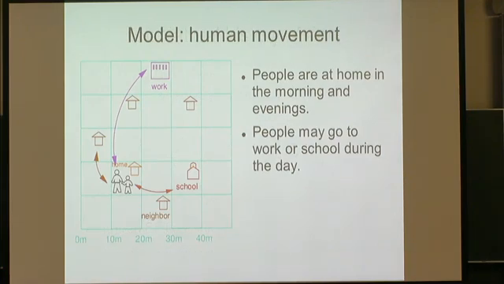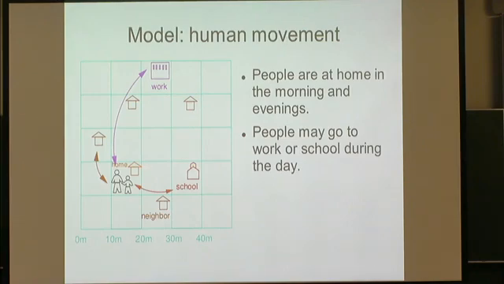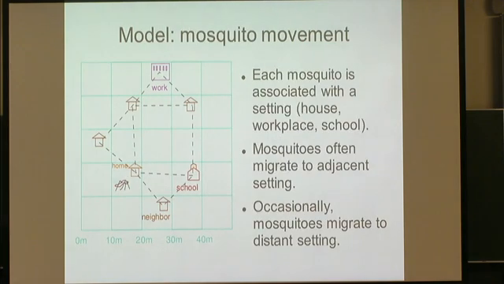So the human model is constructed basically as a large bipartite graph for a population that has households, schools, neighborhoods, and workplaces. And the mosquito population is set up in a similar way. We only follow infected mosquitoes.